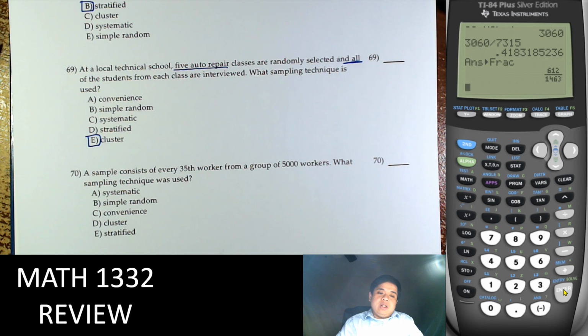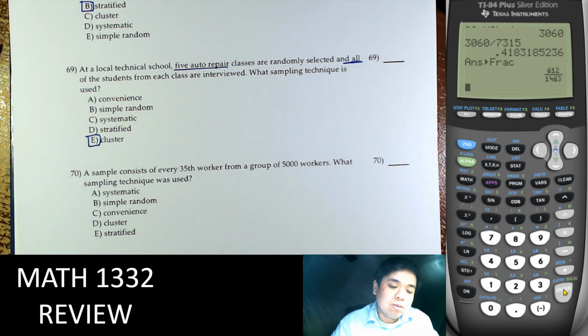Right. A sample consists of every 35th worker from a group of 5,000 workers. What sampling technique was used? Now, we have a sample consisting of every 35th worker from a group of 5,000.